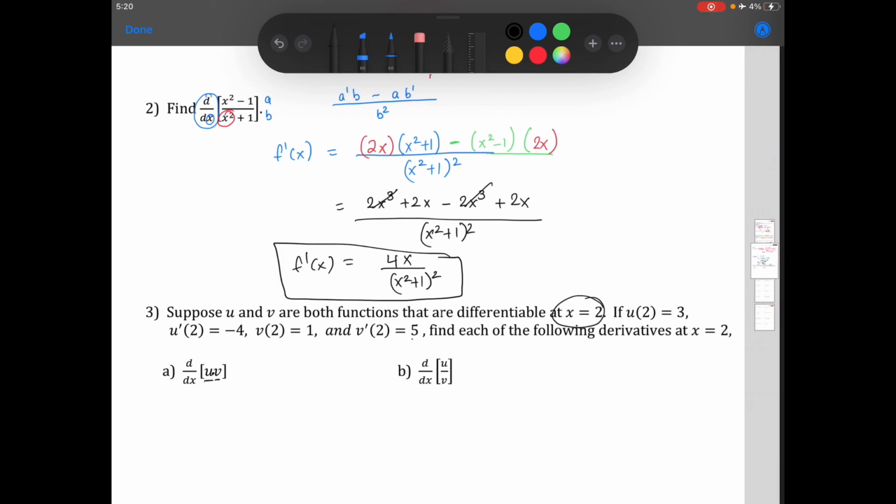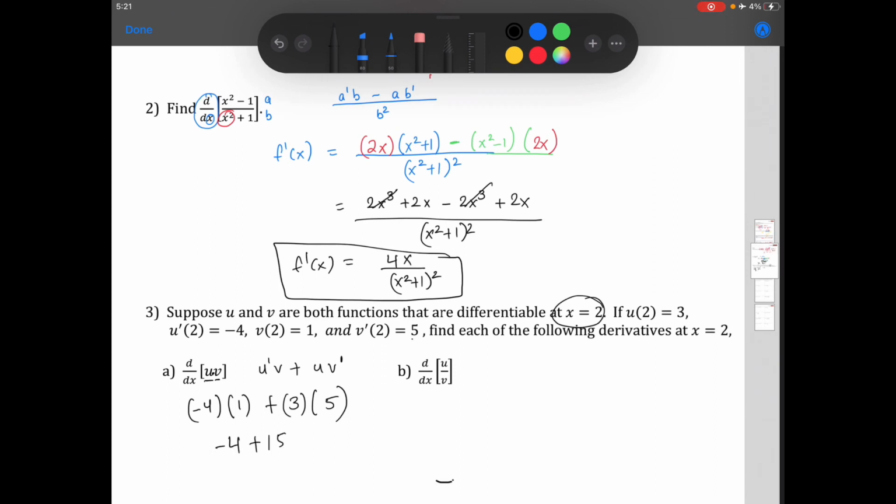So your u and v, what is the operation between them? It's multiplication. So you're going to use the product rule. What is the product rule? I'm going to rewrite it as the derivative of the first times the second term plus the first term times the derivative of the second. So all I'm going to do is substitute that in. u prime is negative 4 times v of 2, which is 1, plus u of 2, which is 3, times v prime of 2, which is 5.